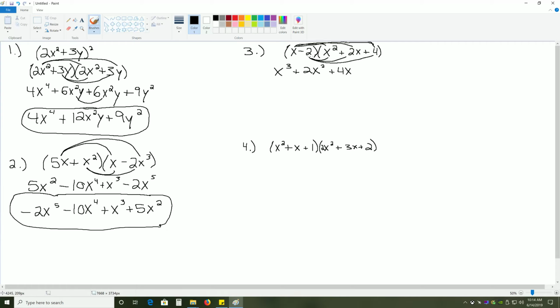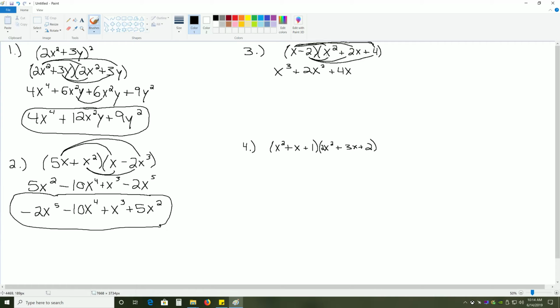And now we're going to multiply this negative 2 to each term. So we have negative 2 times x squared is negative 2x squared. And a little trick that you can do is start writing each like term below the like terms that you already have.